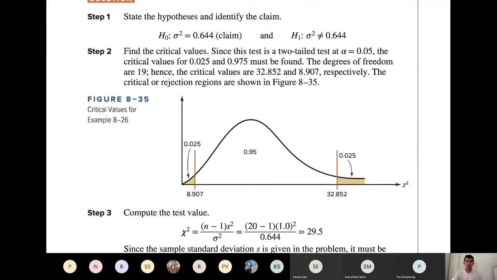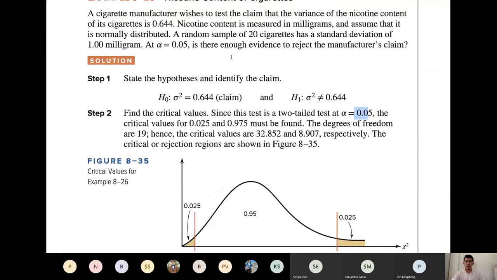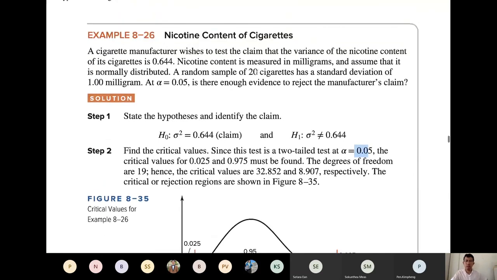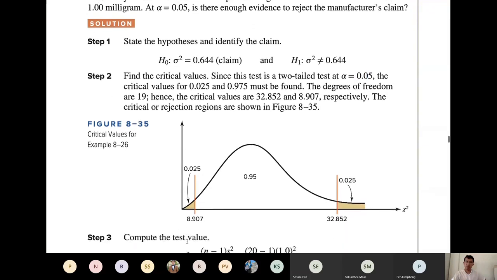The degree of freedom is 19, because we have a sample of 20 cigarettes, so the sample size is 20. And using this significance level for the two-tailed test, we come up with this critical value.